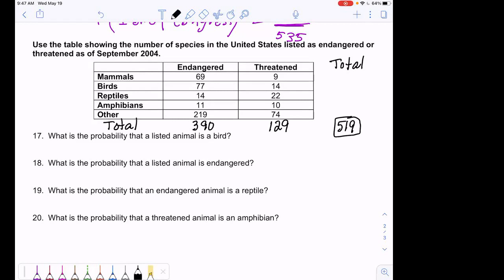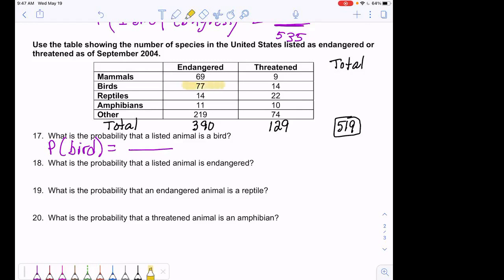So the first question says, what's the probability that a listed animal of these threatened and endangered species is a bird? So we want to find the probability that one of the animals is a bird. Haley, how many birds are either endangered or threatened? 91.